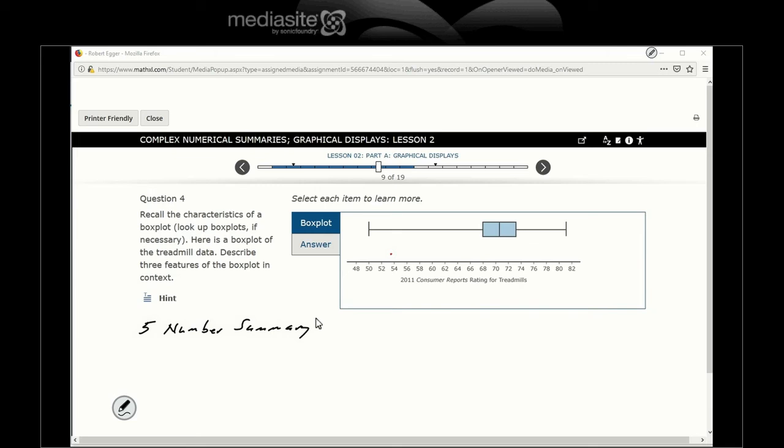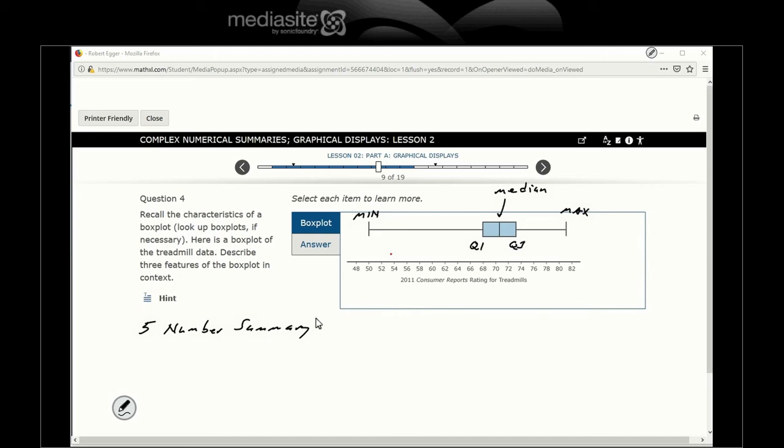Good, you're back. All right, so let's see, 5-number summary. Basically it is min, max, median, second quartile, first quartile, third quartile.